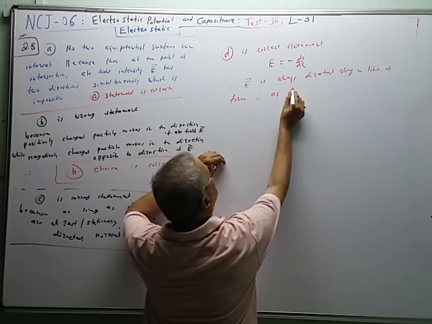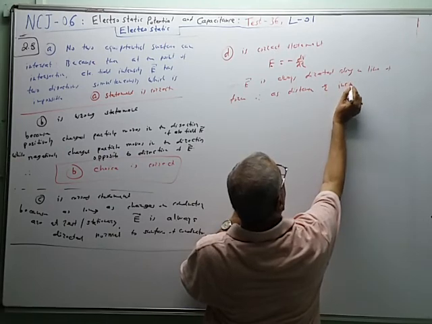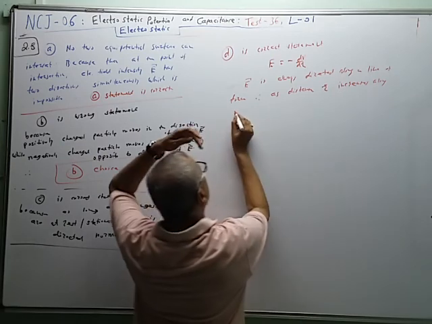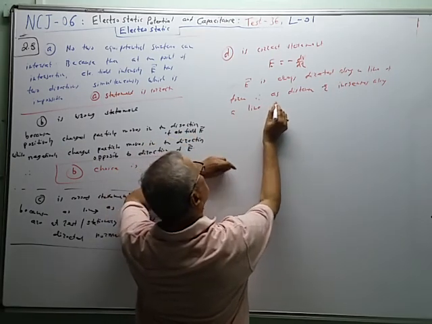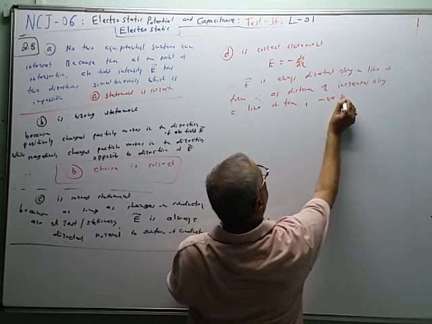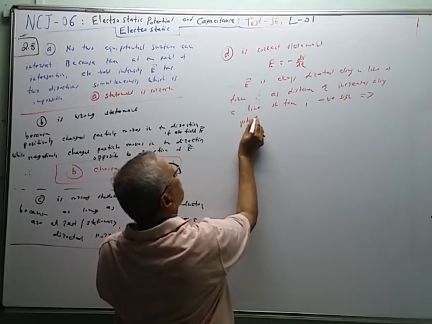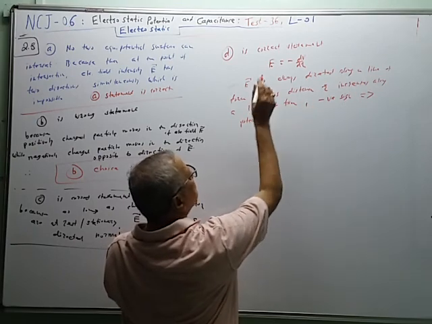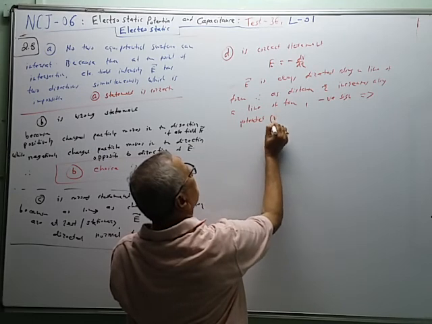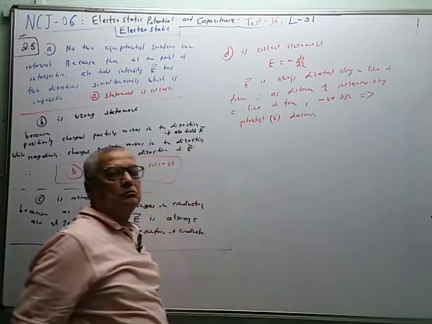Therefore, as the distance r increases along a line of force, the negative sign indicates that potential V decreases. Distance increases but potential decreases, therefore minus sign. Potential V decreases. This is the meaning of the minus sign.